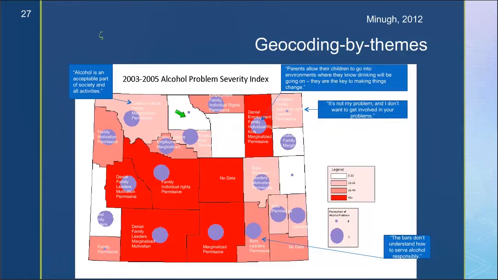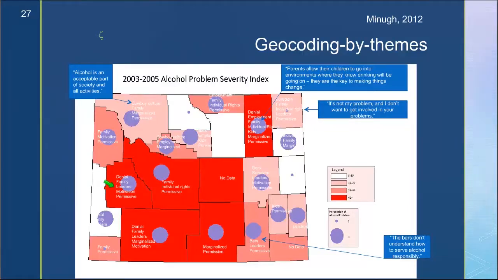She then used different size circles to overlay that perception of alcohol problem index. So, for example, we can see in this county right here, it's dark red, so we have a big problem. There is this big circle, so there's also a large perception of problem. And then in here we have things like denial, family, leaders, motivation, permissive. Those are all qualitatively derived themes.